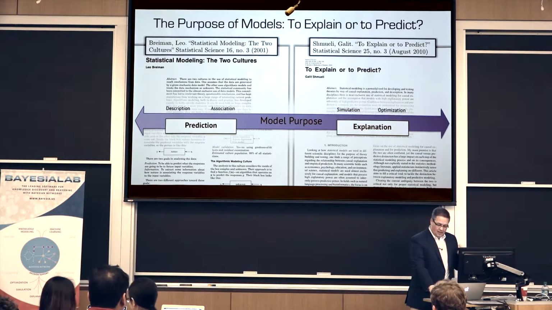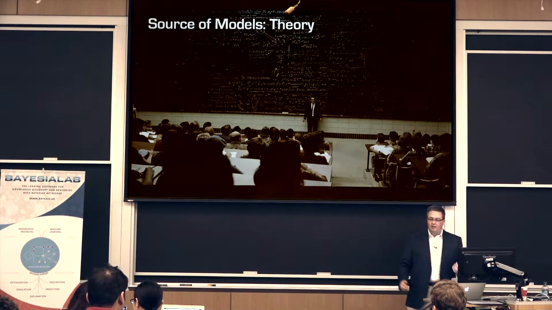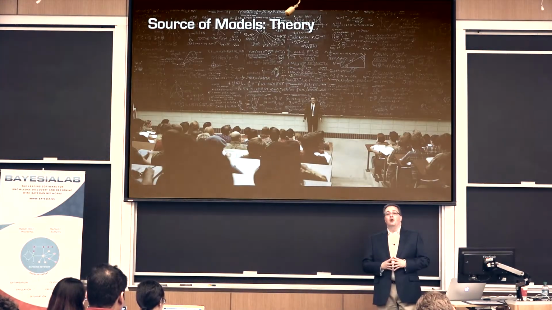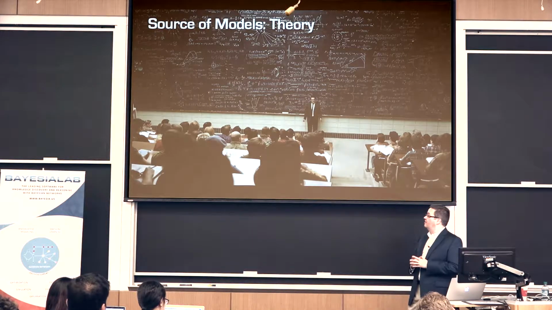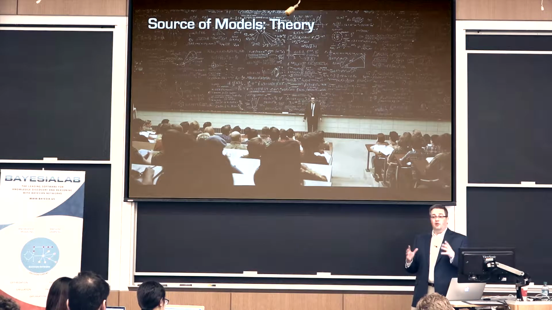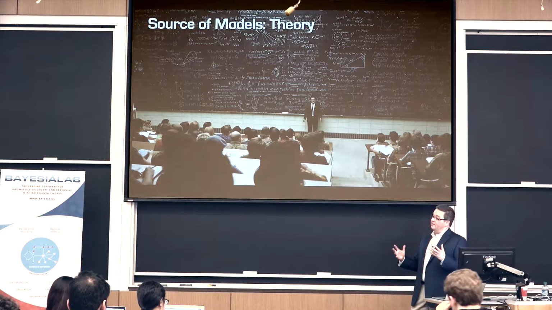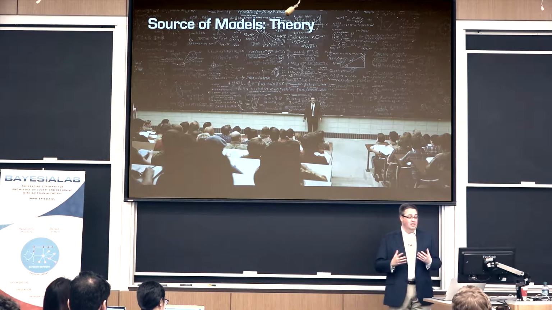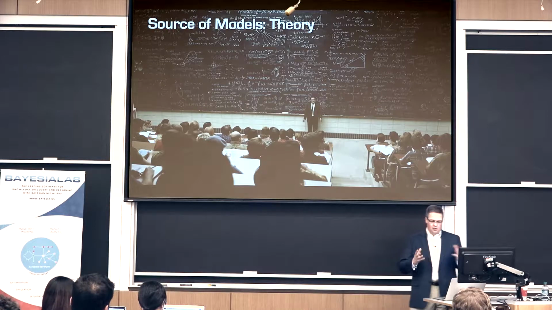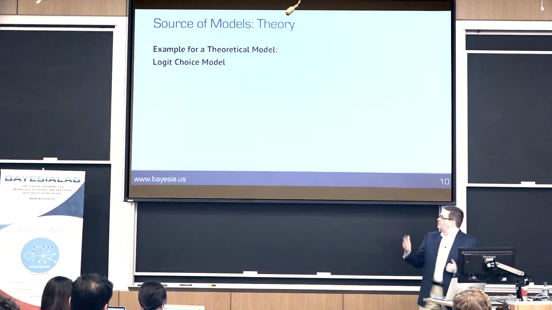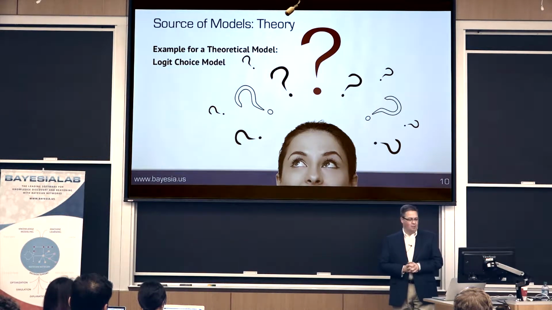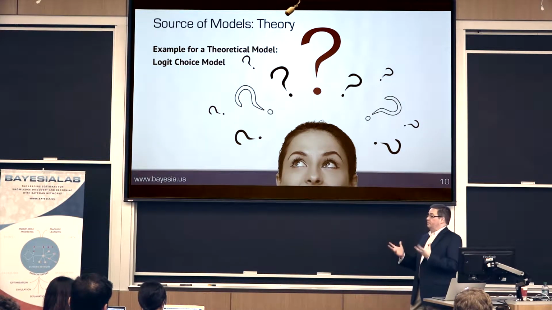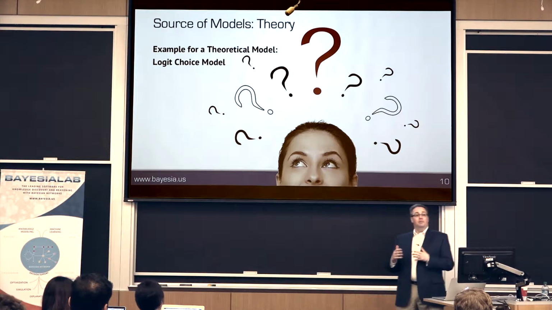And now let's get to the question of where we get our models from. What is the origin of models? Perhaps for the longest time in the history of science, theory has been the source of models. What does that mean? Let's use an example from the field of marketing science, where we're always interested in how people choose.